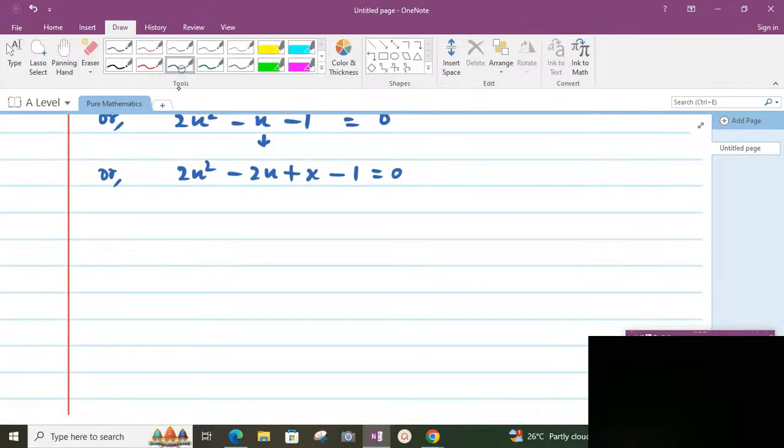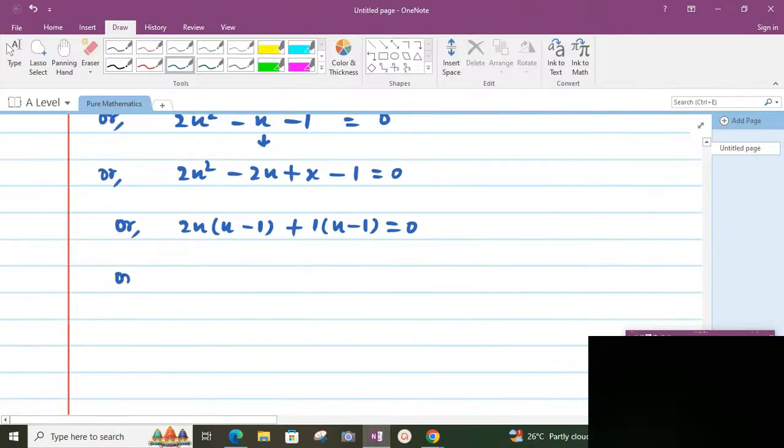The next step here will be take 2x as the common, then we get x minus 1, and we take 1 common, then we get x minus 1 equal to 0. So the next step here will be x minus 1 into 2x plus 1 equal to 0.